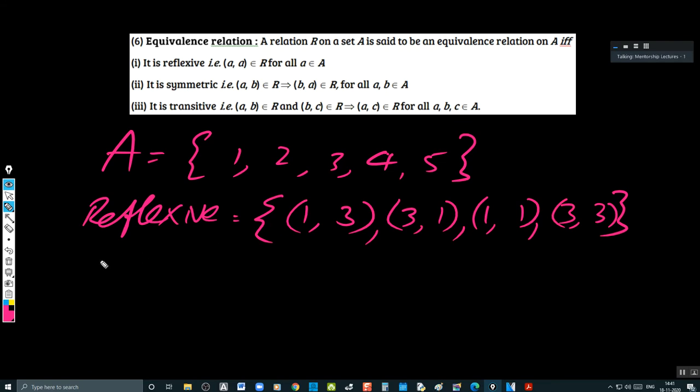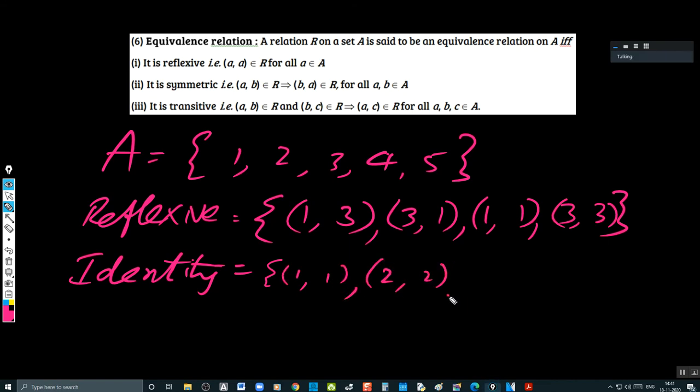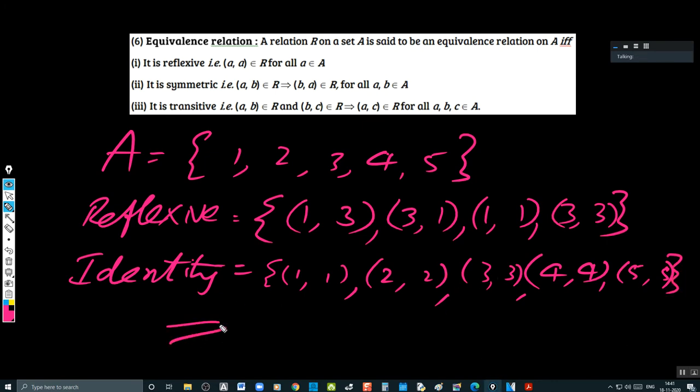But if you want to make it an identity relation, anyone please, tell me what should be the identity? Sir, only (1, 1), (2, 2), (3, 3), (4, 4), (5, 5). All must be there, then only it becomes identity, please.